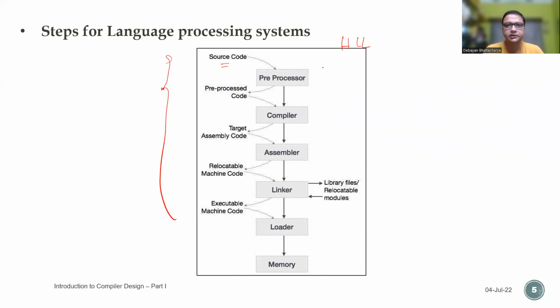So what is a preprocessor? The preprocessor helps us remove all kinds of directives. If we take the example of C, we already know that whenever we write any program in C, we first need to include some library file like stdio.h, or we include some hash define.